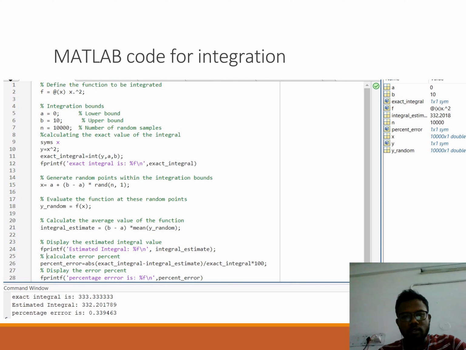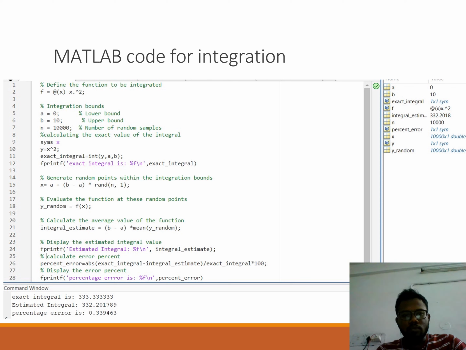The exact value of the integral is calculated by the MATLAB inbuilt function int(y, a, b), where y is the function, a is the lower limit of the integration, and b is the upper limit of the integration. Now the fprintf function is used to print the exact integral.